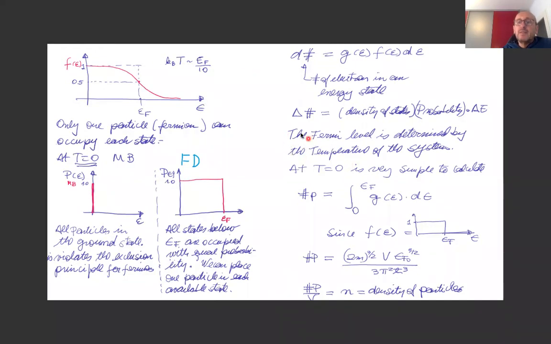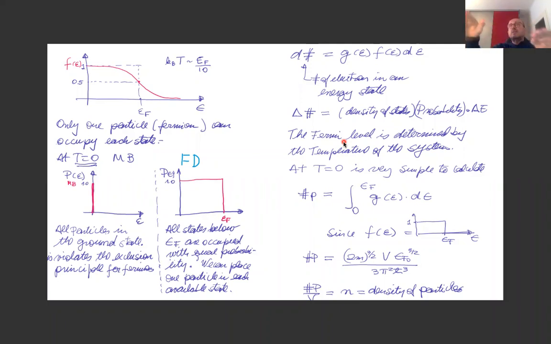So the thing now is I want to calculate the total number of particles in the system, but the total number of particles in the system I know. Why? Because it's simply the number of electrons that are available. Depending on the number of electrons available, it will be the levels that I have to fill up, which also makes sense.